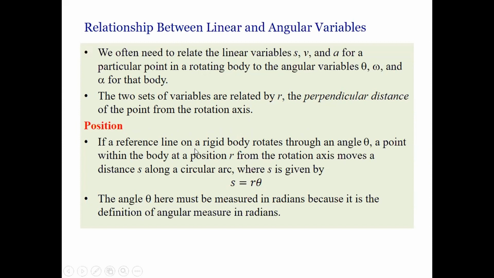If a reference line on a rigid body rotates through an angle theta, then a point within the body at a position r from the rotating axis will move a distance s along a circular arc, and s will be equal to r times theta. The angle must be measured in radians, because that is the definition of angular displacement, that is, the angular measures are in radians. So the displacement variable is related to the angular displacement through s equals r theta.